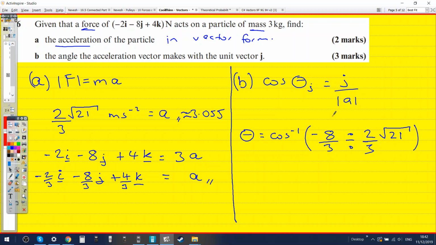And so, yes. I was thinking of the old formula. It seems like they're going with the new formula. This is basically the formula for finding the angle, where x is either the i, the j, or the k, whichever one you're trying to find the angle between, like with the x-axis, y-axis, or z-axis.